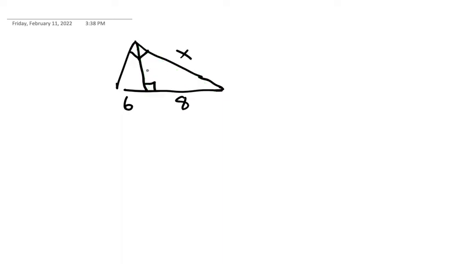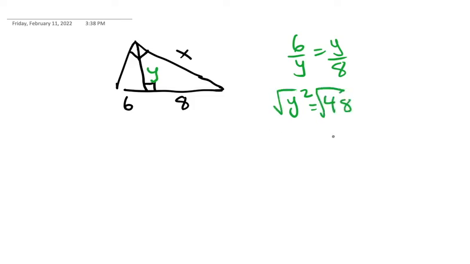But the other way we could do this is just add another letter here and do the pattern. 6 over y equals y over 8. Y squared equals 48. Square root it. Again, we factor 12 times 4, or 2 times 24, 2 times 12, 2 times 6, and then 2 times 3.